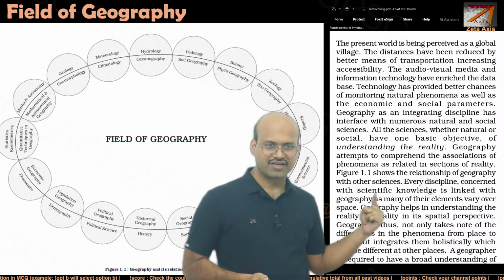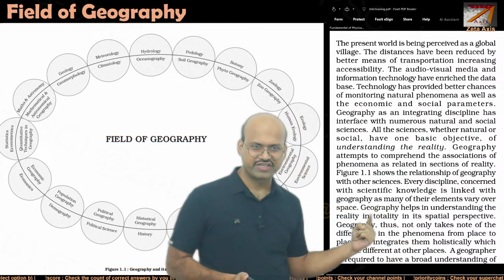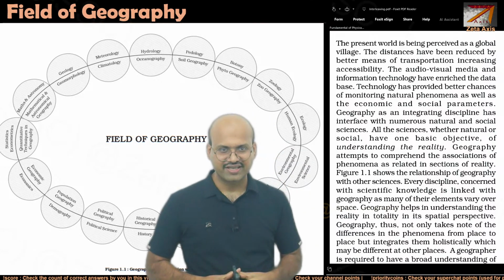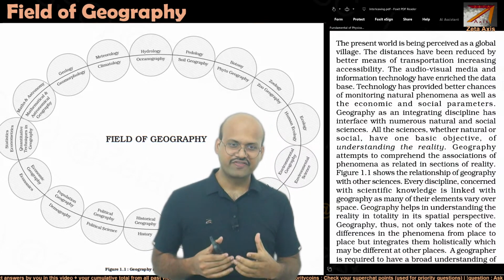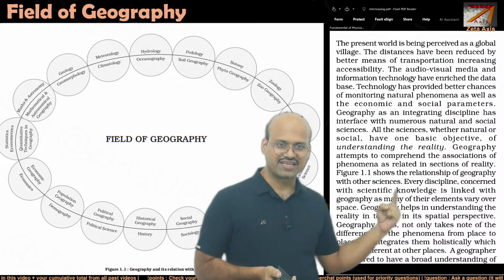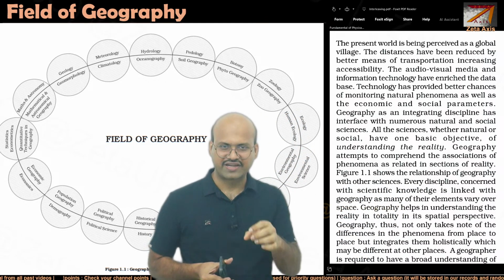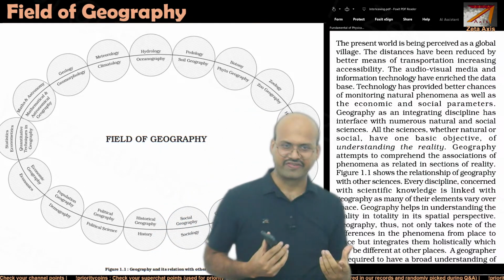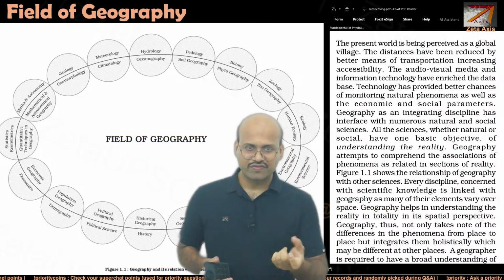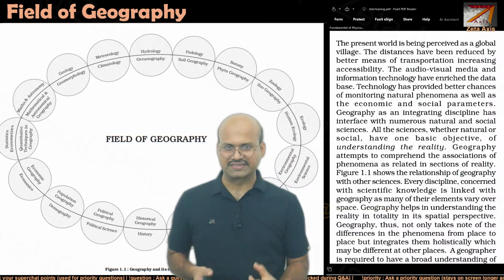Every discipline concerned with scientific knowledge is linked with geography, as many of the elements vary over space. So any field which is linked with scientific knowledge is linked with geography. Why? Because each of these scientific fields varies based on geography. If you are studying the magnetic field of Earth, then you have to study the magnetic field in different regions of the Earth, because it varies in different regions.